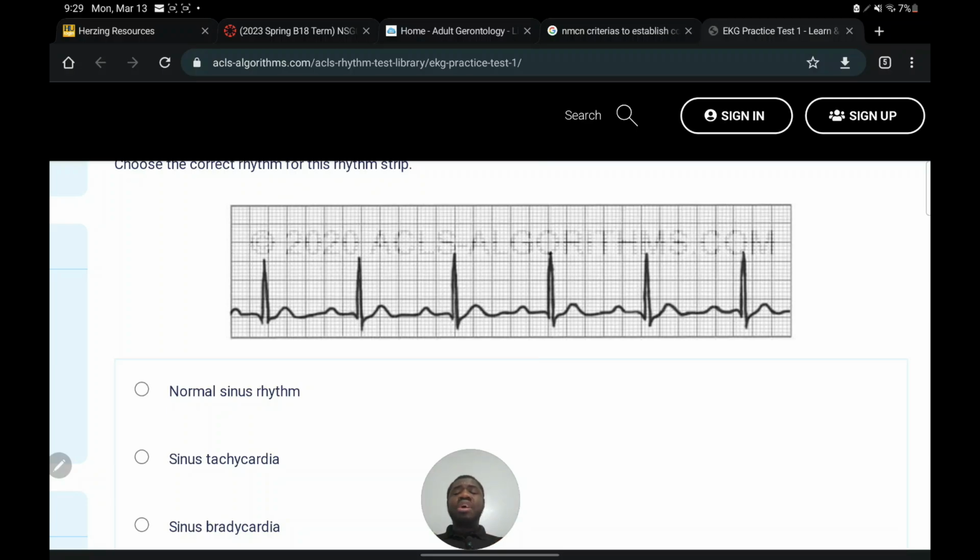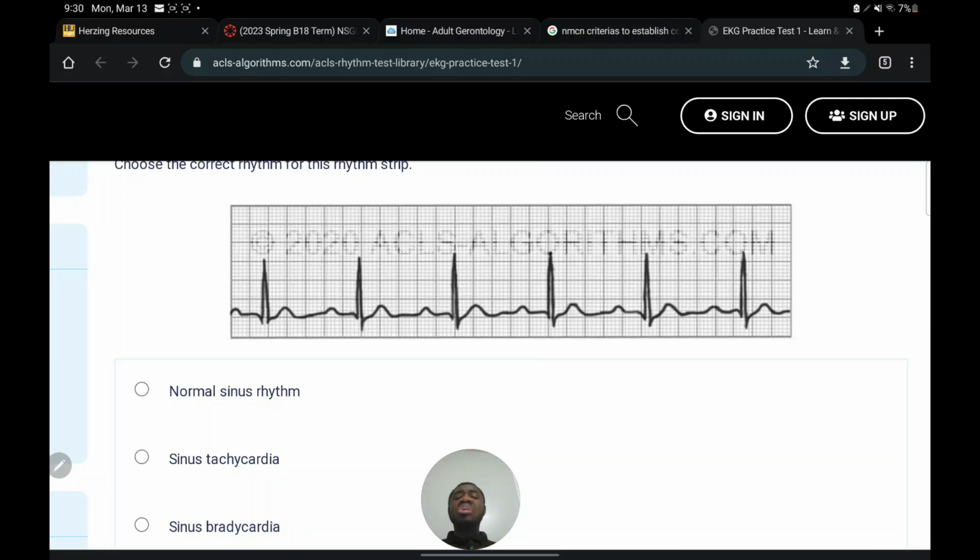Now let's count the number of smaller boxes. 1, 2, 3, 4, 5, 6, 7, 8. Each small box represents 0.04. So 8 times 0.04 is 0.32.